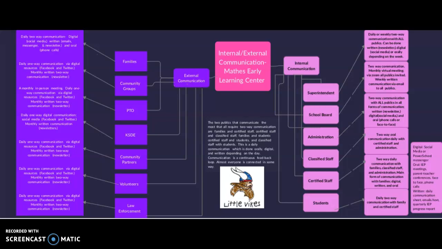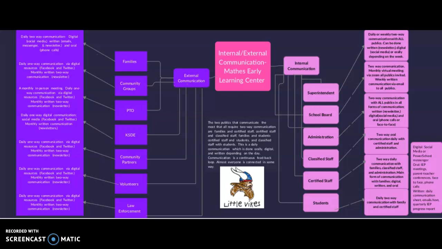She also is updating our personal MELC Facebook page, and is sending newsletters to families and all of the publics. And she comes in and observes staff. So we have a lot of open communication with our principal.